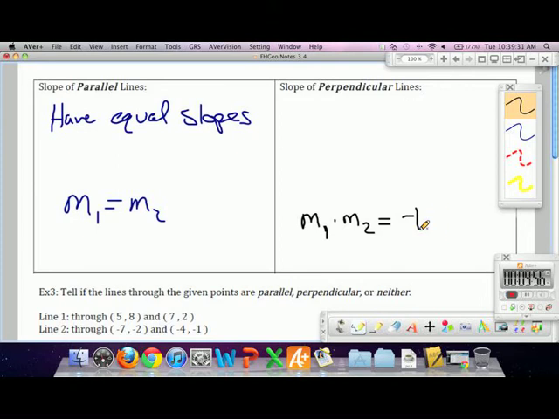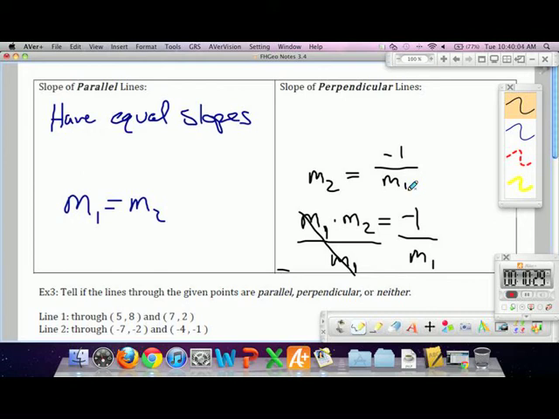I could solve this equation to get just one of them in terms of the other. If I divide both sides by m1, we get this relationship: m2, the second slope, is forced to be -1 over the first slope.